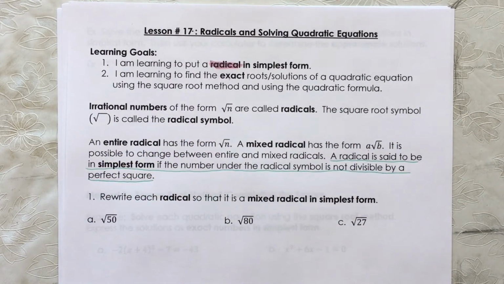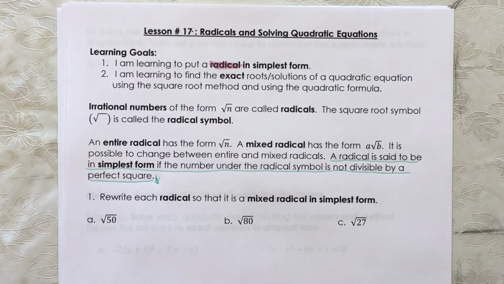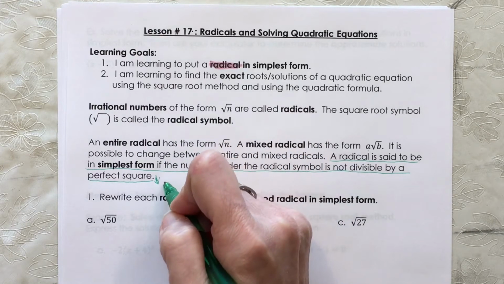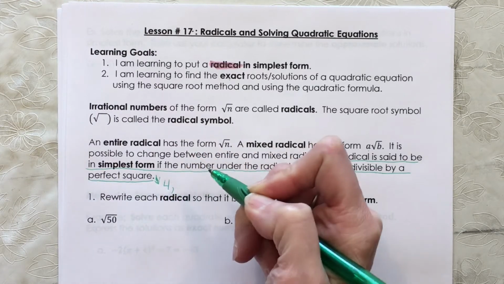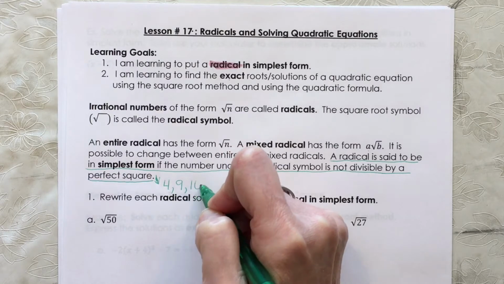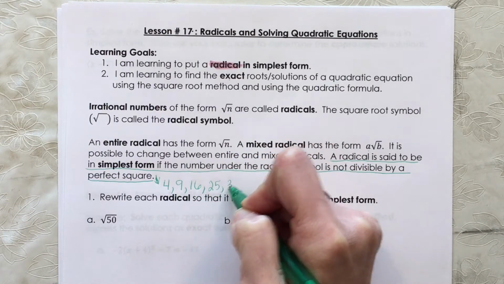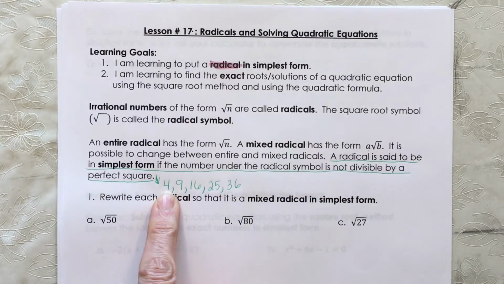What are perfect squares? Well, 1 squared, 1 is a perfect square, but every number is divisible by 1, so we'll go to the next one. 2 squared is 4, 3 squared is 9, 4 squared is 16, 5 squared is 25, 6 squared is 36. Notice these are all perfect squares.